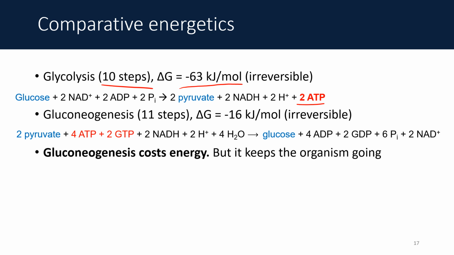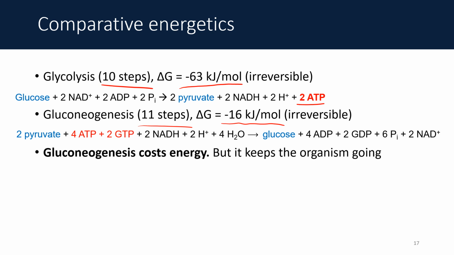Gluconeogenesis, you may remember, its first bypass reaction actually features 2 enzymes working in succession. So we actually need 11 steps to complete it, not 10. The reaction delta G is also different from glycolysis. It's still rather irreversible with negative 16 kilojoules per mole, but it's not as negative as glycolysis.